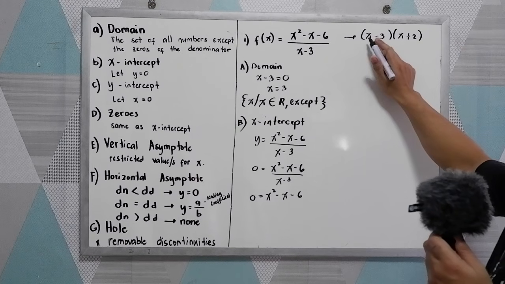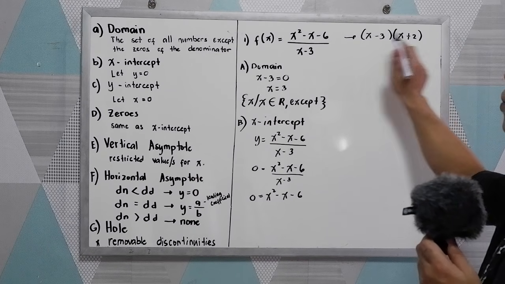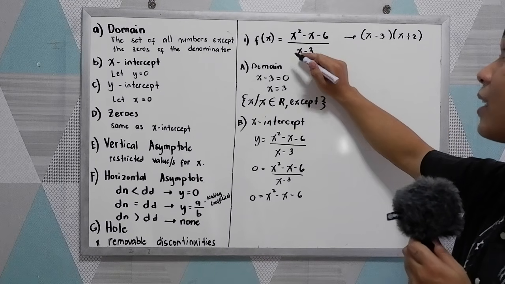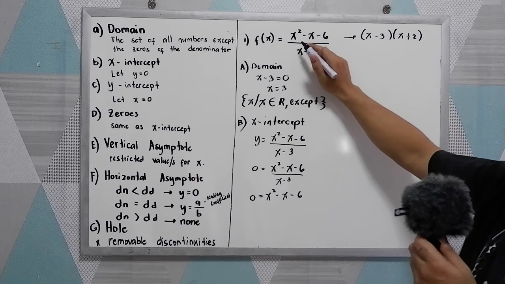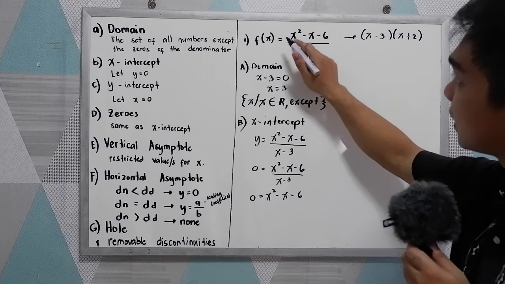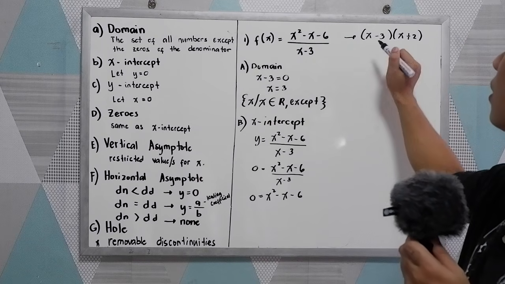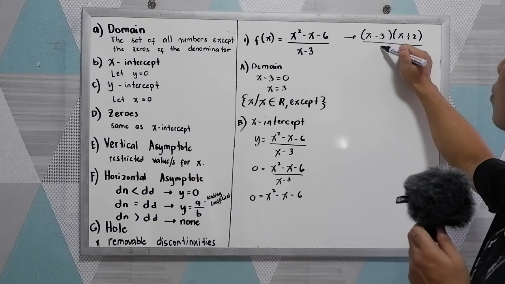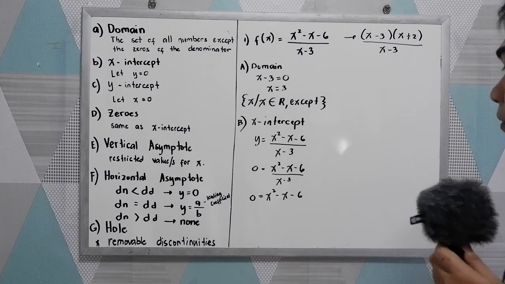Let us check. Negative 3 times positive 2, that is negative 6. Negative 3 plus 2, that is negative 1, or simply negative x here. So this function is just equal to x minus 3 times x plus 2 all over x minus 3.